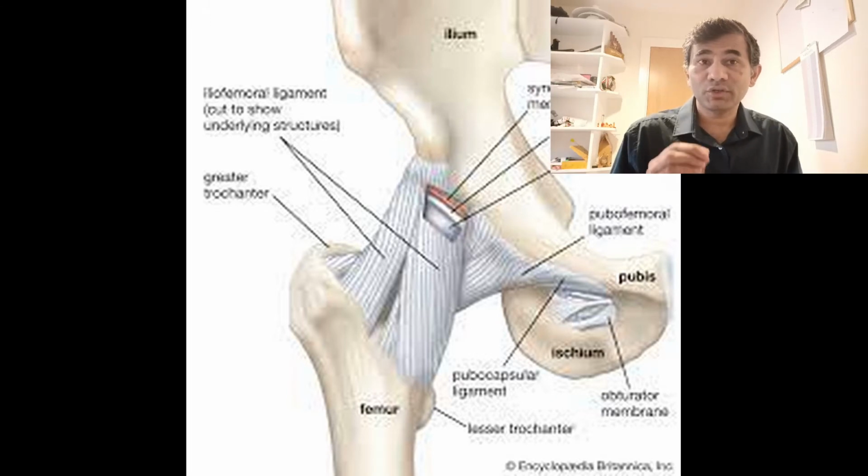It also gives strength to the joint. Without these ligaments, these joints will be very, very weak. Now ligaments contain very little matrix because it's a dense connective tissue, and it has lots and lots of fibers.